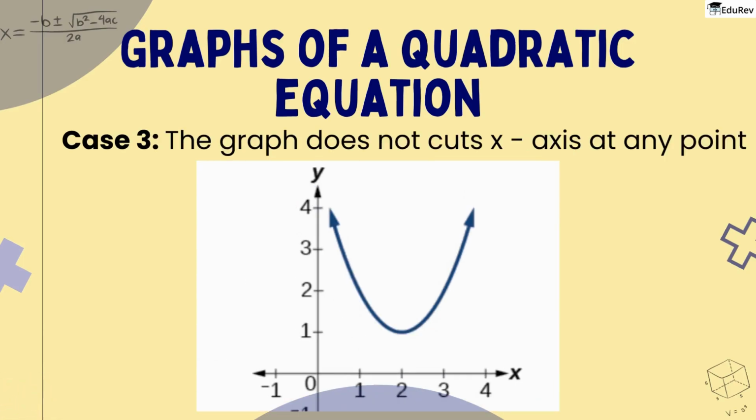In this case, the graph is either completely above the x-axis or completely below the x-axis. It does not cut the x-axis at any point. The polynomial has no zero in this case, as at no given point the parabola intersects the x-axis.